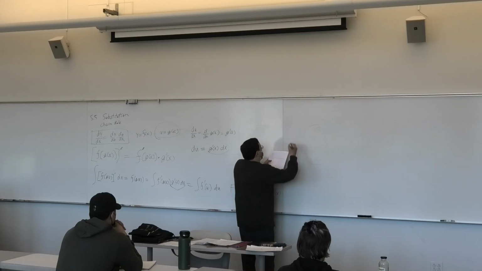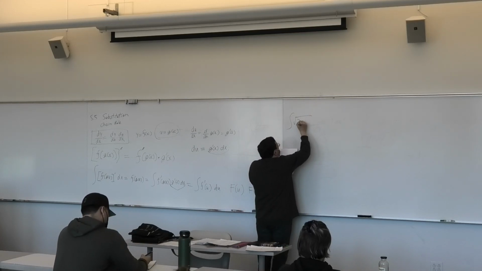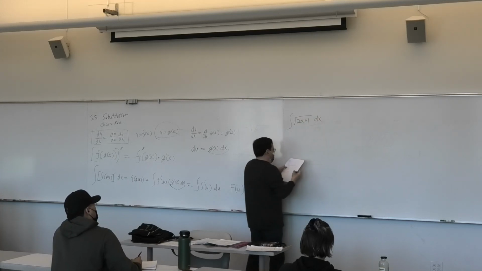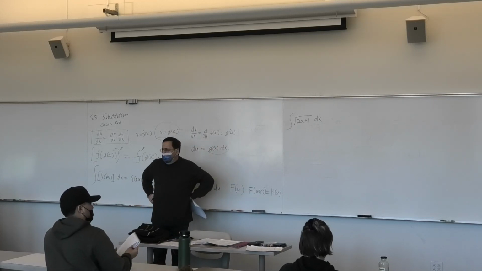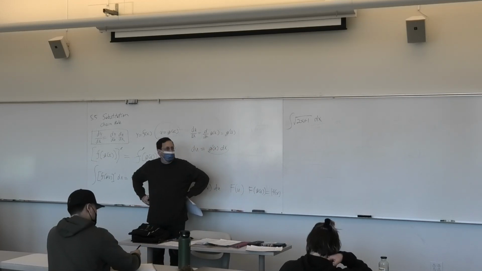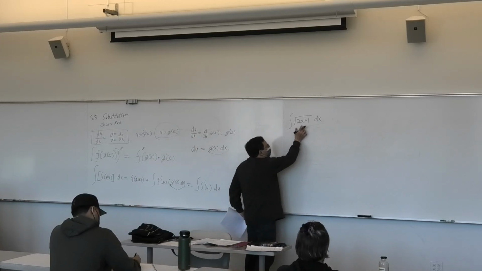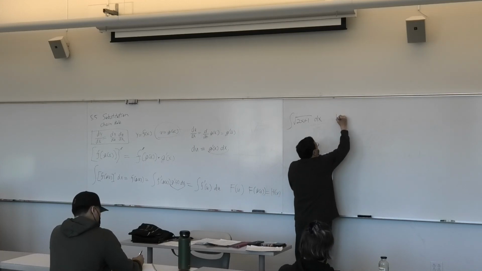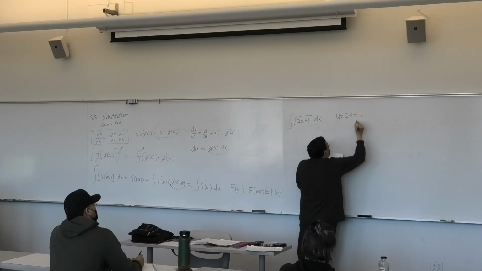So let's take a look at this example here. Square root of 2x plus 1 dx. What kind of substitution can we do here that would make this look simpler? Well, an obvious choice might be, let's set u equal to 2x plus 1.